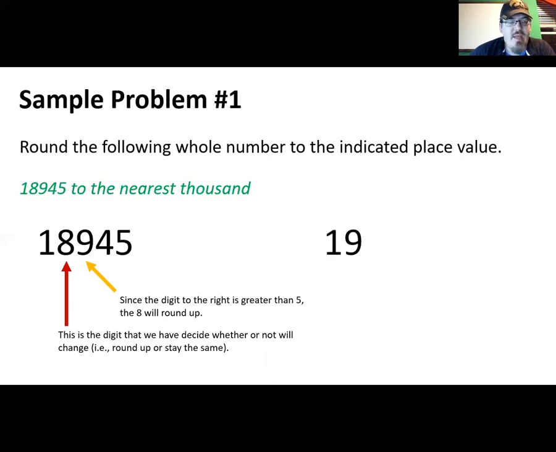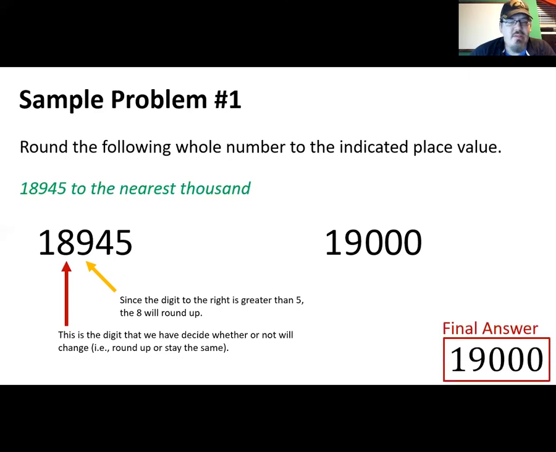All of the digits that are in front of that place are going to remain unchanged. So the 1 that was out in front is still going to stay out in front. The 8 has now become a 9. And then any digits that come after our place are going to be flipped to zeros. So when all is said and done, our final answer is 19,000. 18,945 will round up to 19,000.